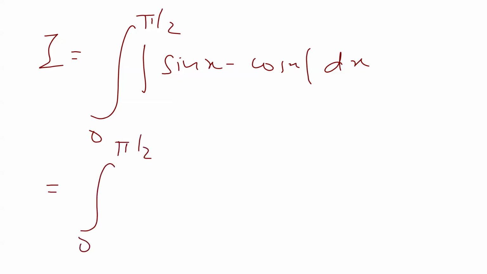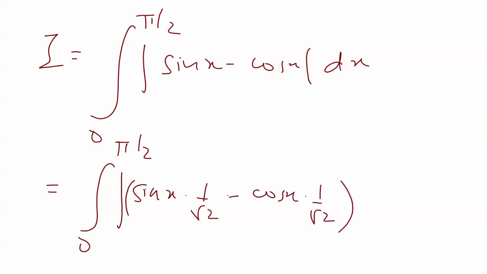0 to pi by 2. Now there are two terms, sin as well as cos, within the modulus. So I'll do this first: sin x into 1 by root 2 minus cos x into 1 by root 2, into root 2. So basically, I'm multiplying and dividing by root 2.